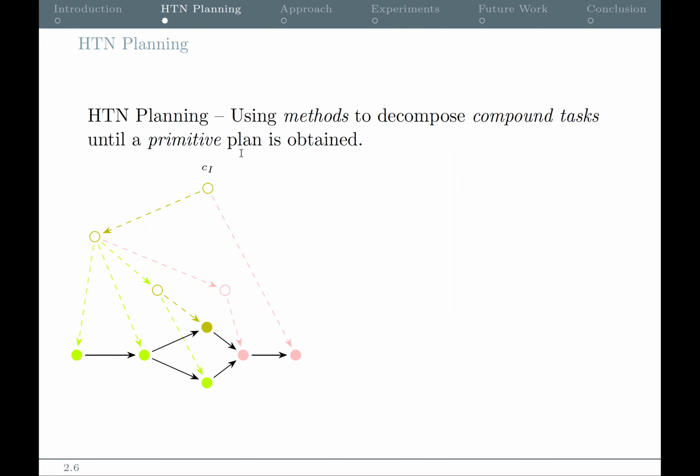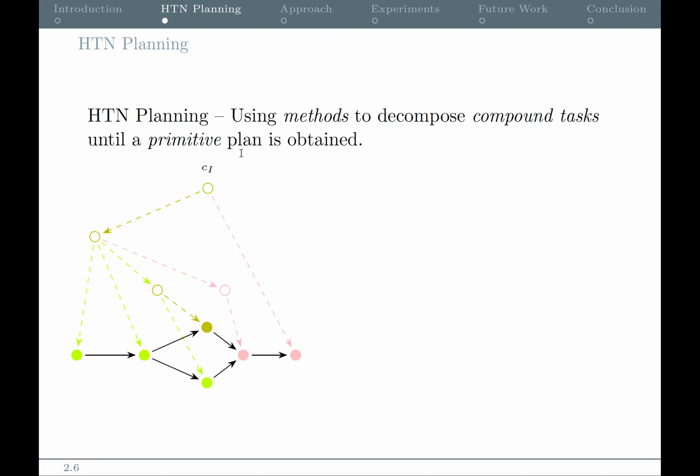Well, as a starting point, I want to quickly introduce HTN planning and some important concepts. Generally speaking, HTN planning is about using methods to decompose so-called compound tasks until a primitive plan is obtained.